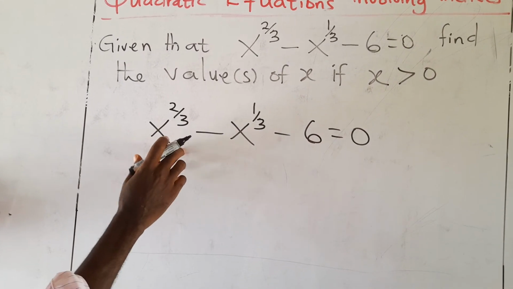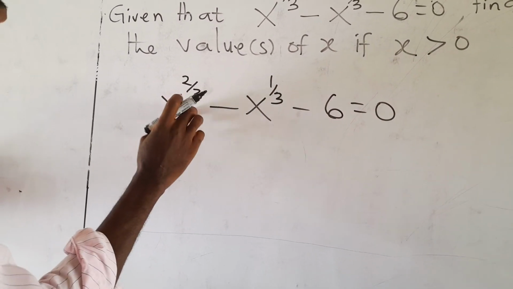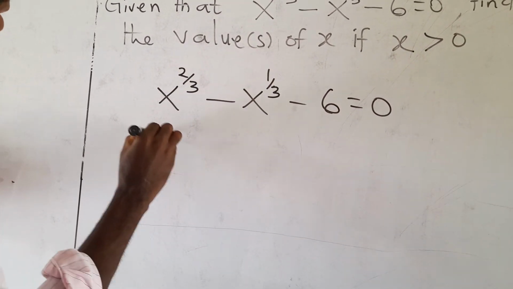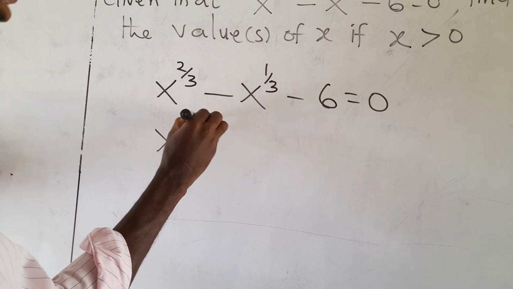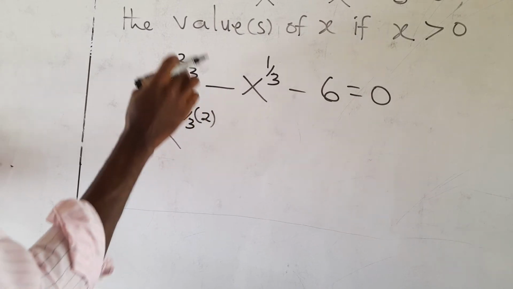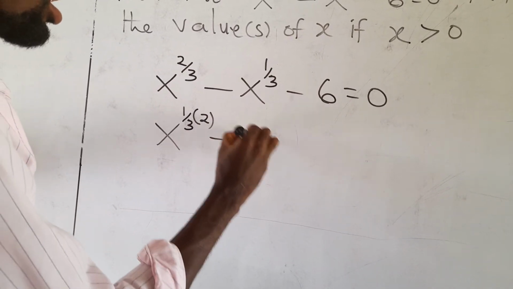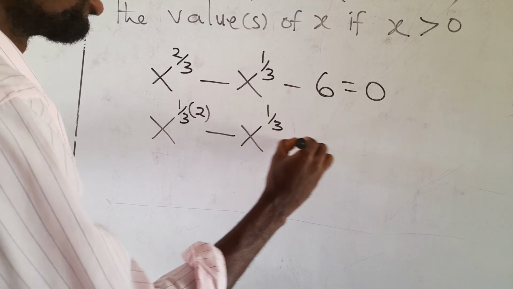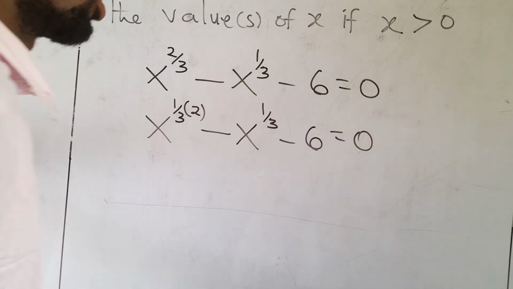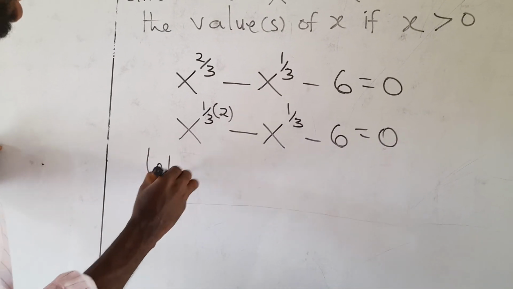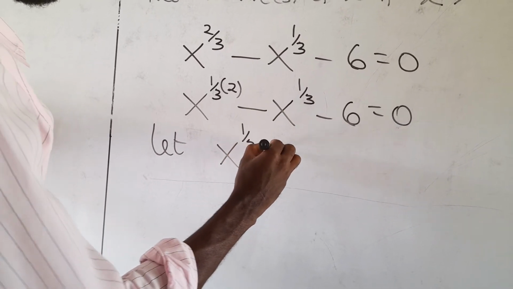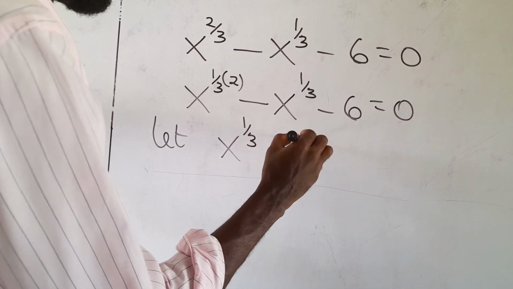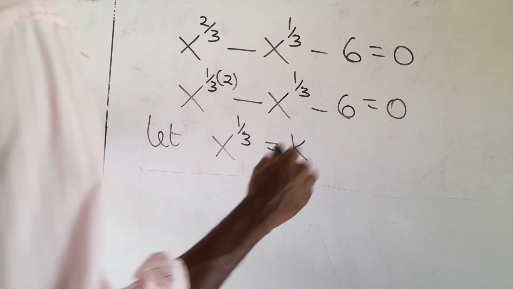So we have x exponent 1 third here. So we rewrite this to look like that. So we have x exponent 1 third times 2. 1 third times 2 will be 2 thirds. Minus x exponent 1 third minus 6 will be equal to 0. So let x exponent 1 third be equal to any variable, say k.